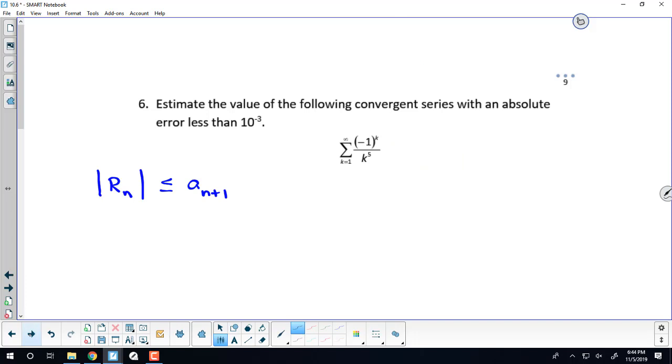Just like when we test the alternating series, a sub n or a sub k is just the part that doesn't involve the alternating piece. Okay, so the magnitude of the error is less than or equal to a sub n plus 1, and we can explicitly write out what a sub n plus 1 is. It's 1 over n plus 1 to the 5th.